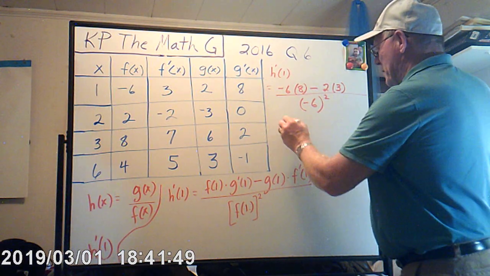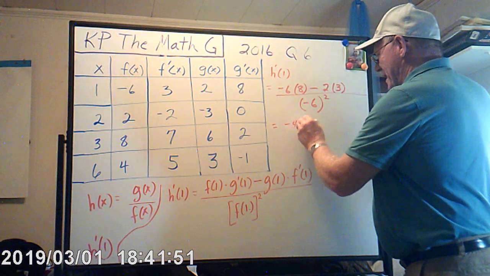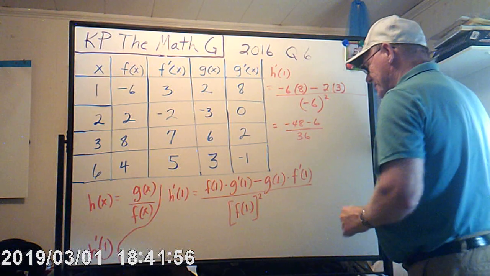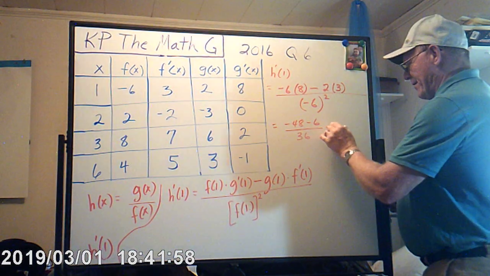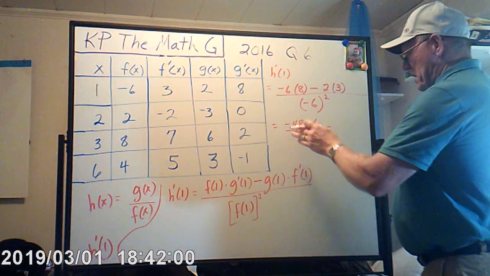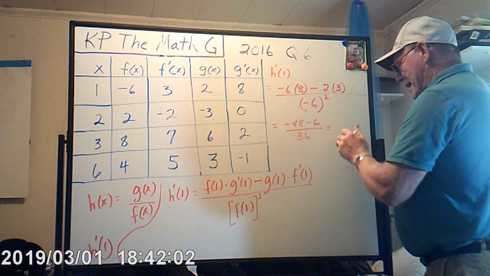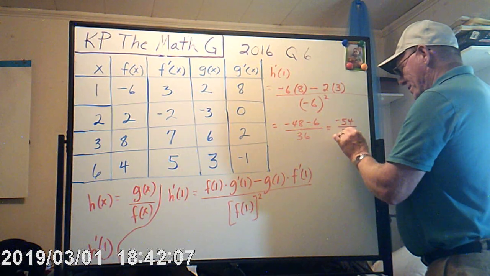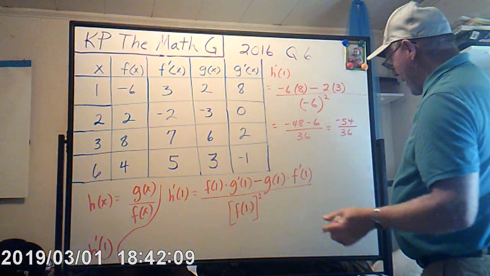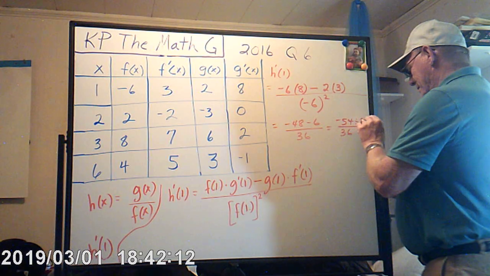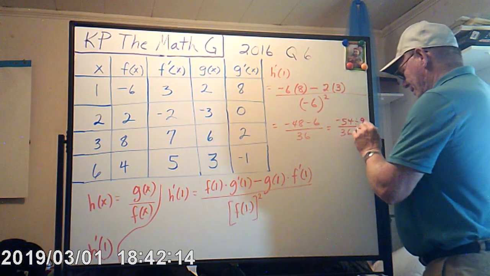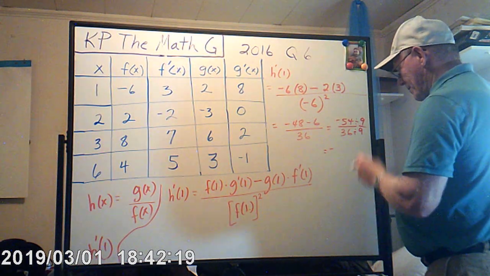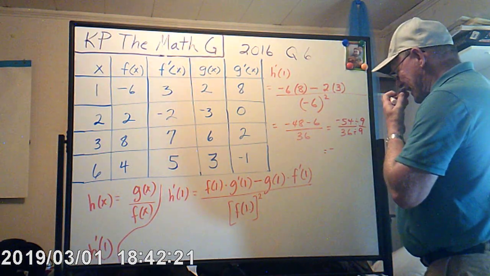Alright, so what we have is negative 48 minus 6 over 36, don't we? Alright, so what we have here is adding these signs are alike, so the 8, 6, 14, 54, negative 54 over 36. 9 will go into both of them. Alright, so let's see. 6, well, we could have probably done 18.